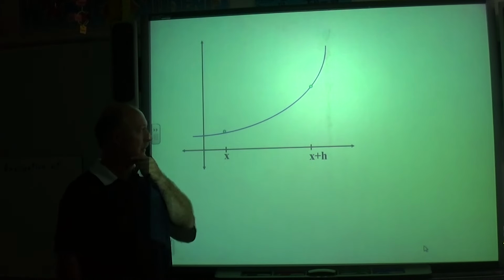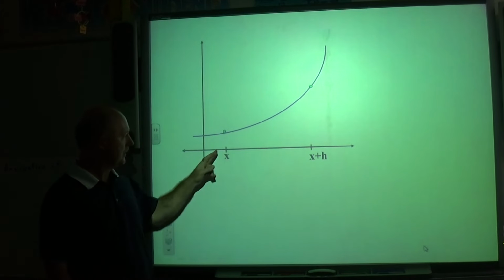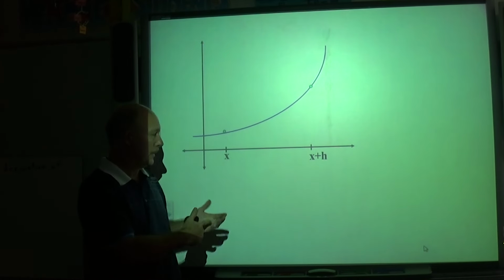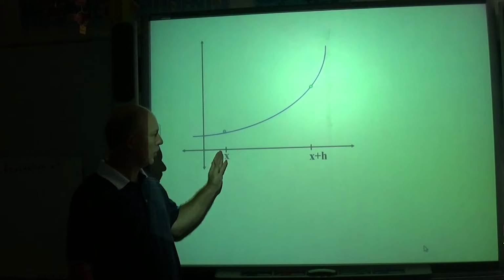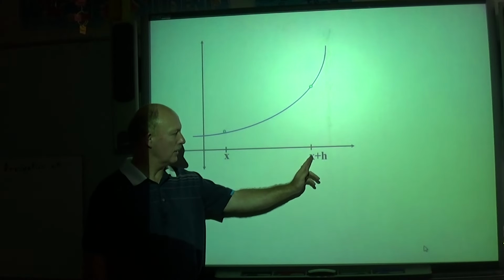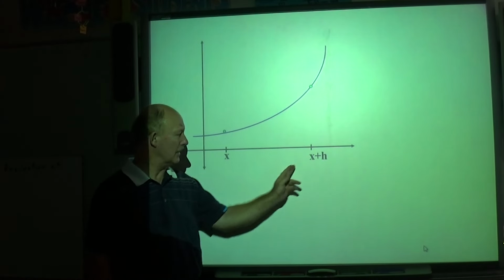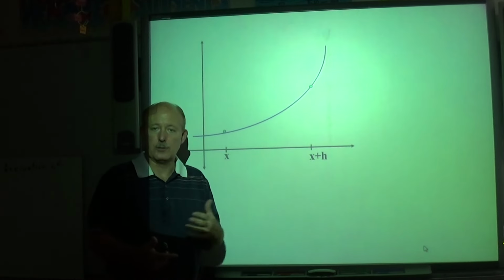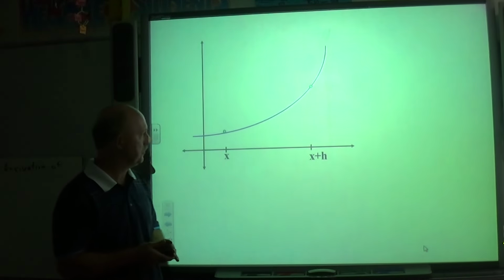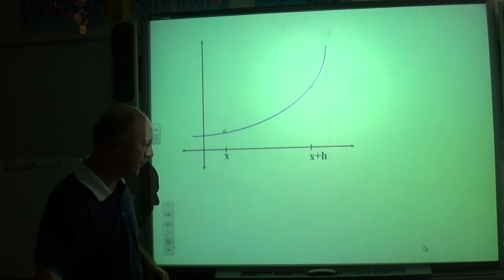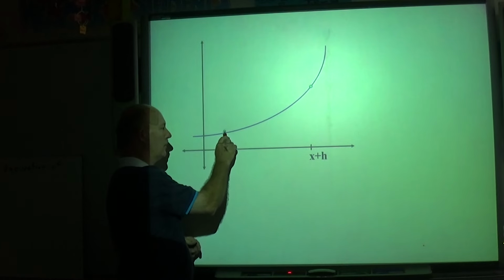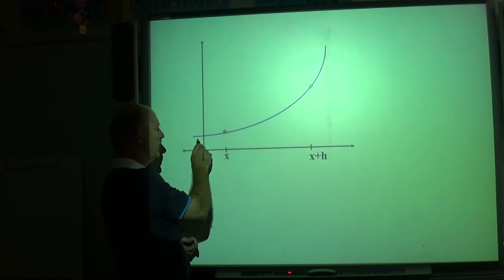Let this point right here be x, and we come a little ways down from x. Let's say the x value here is x plus h, so this number plus some h value, just another quantity. What we're looking for is the slope of the tangent line to the curve at point x. It would look something like this.